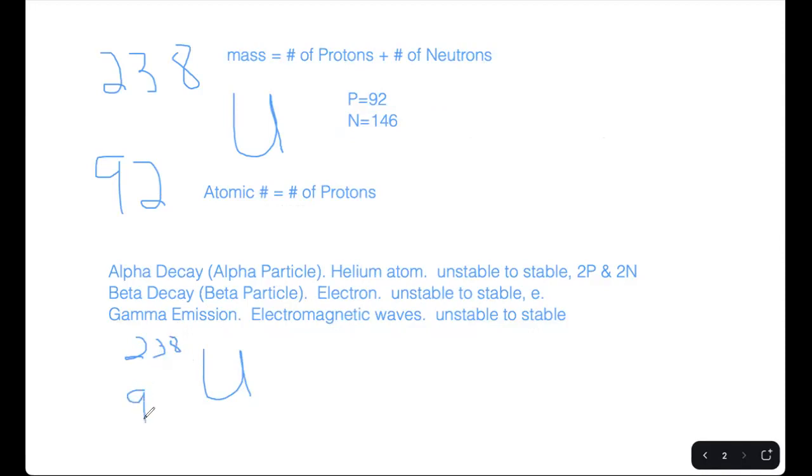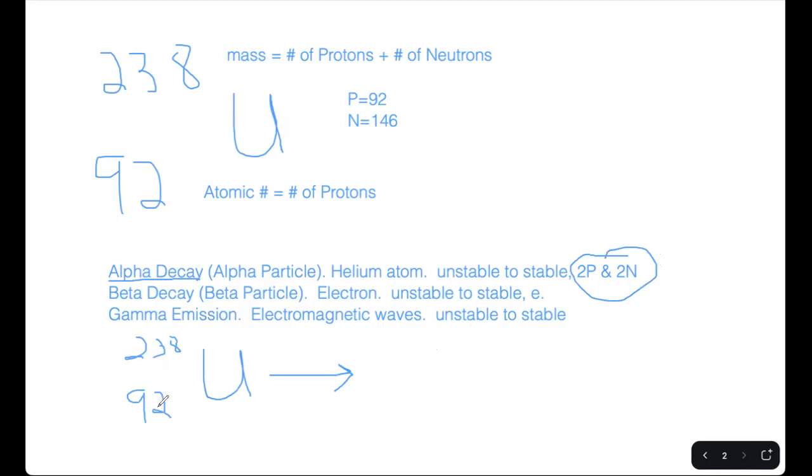It has 92 protons always, and we're going to start with alpha decay. This means the uranium is going to break apart into at least two different things. If I remember alpha decay, that means two protons and two neutrons are going to be taken away from this uranium.